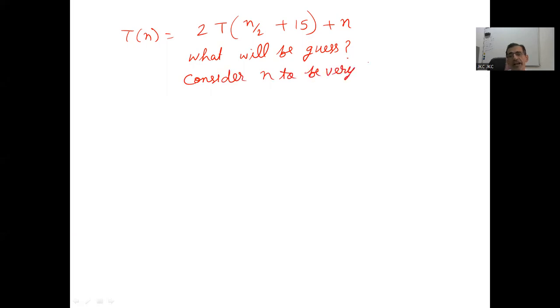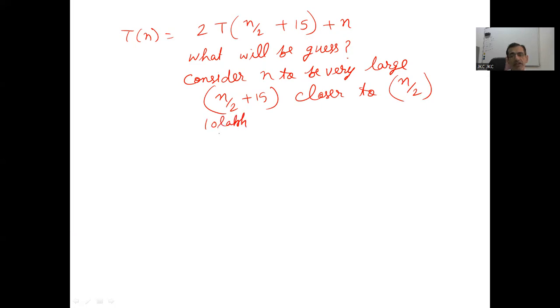If you consider n to be very large, then I can say n/2 plus 15 will be closer to n/2 itself. Say n is 10 lakh. So 10 lakh by 2 plus 15 versus 10 lakh by 2 are more or less very close.